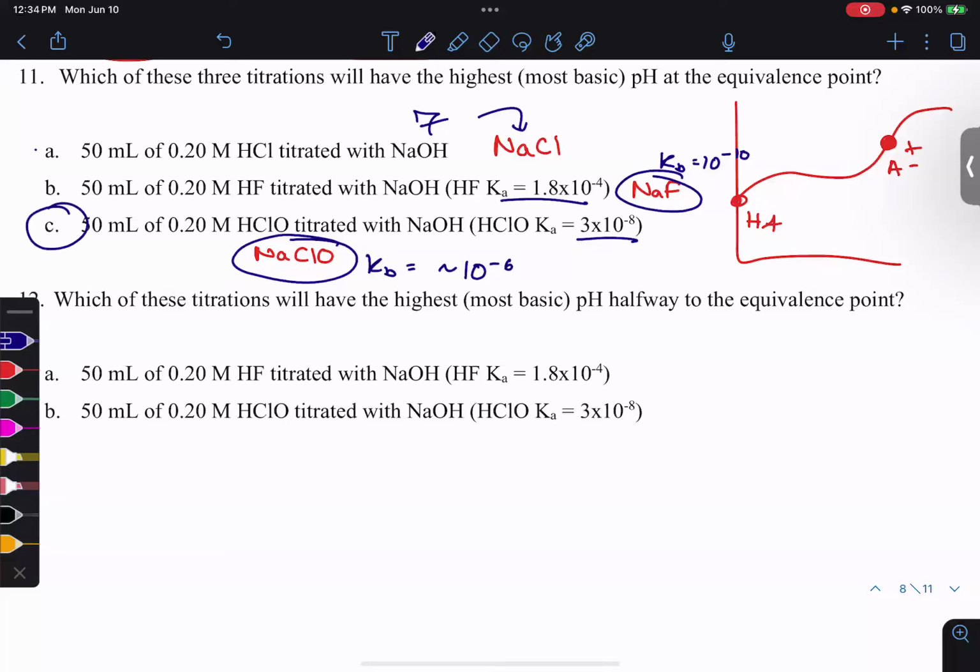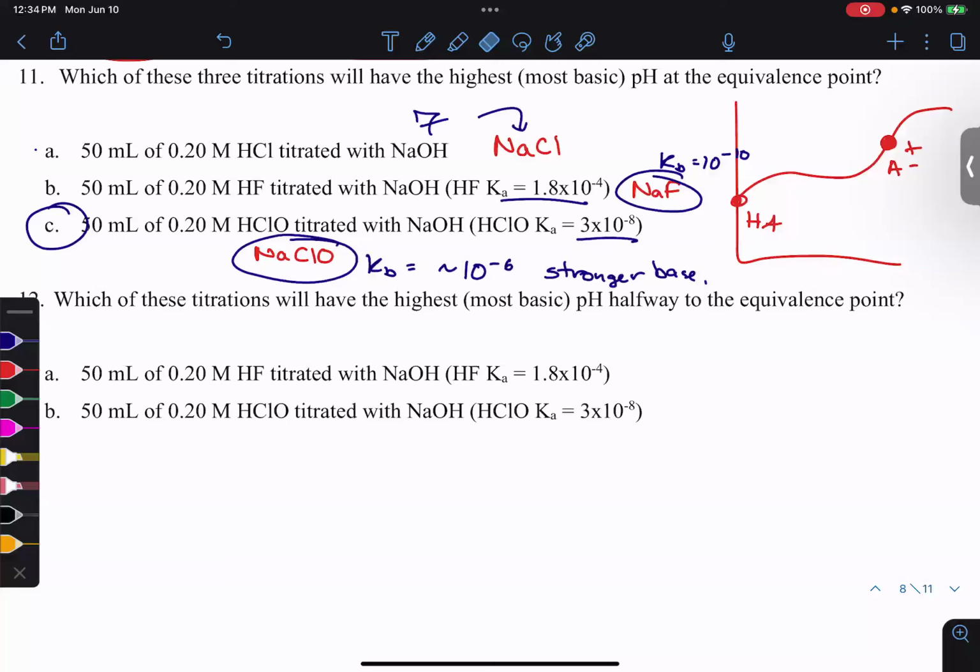So we see that NaClO is the stronger base. That's the tricky part: recognizing that at the equivalence point, it's not the acid that's present, it's the conjugate. So we have to look at the Kas to identify what substance I am using to calculate that pH.